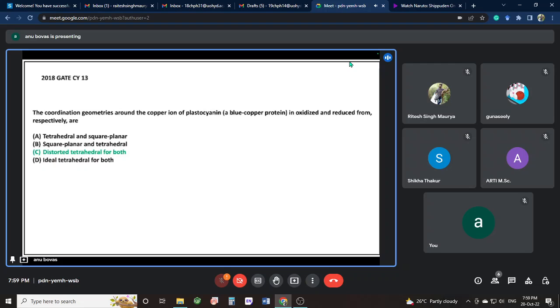The next one we learned about is chlorophyll. The ring system is the chlorin ring system. The central atom is magnesium, present in +2 oxidation state. Chlorophyll is present inside chloroplast, which is helpful for photosynthesis in plants. Whichever organisms are capable of doing photosynthesis are called photoautotrophs.